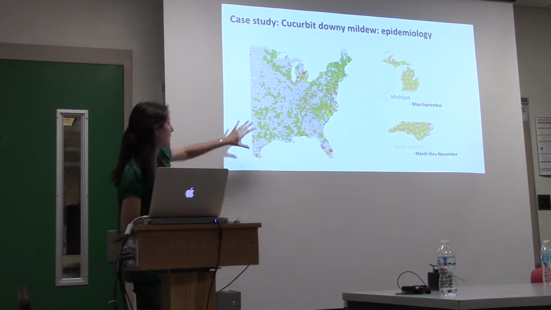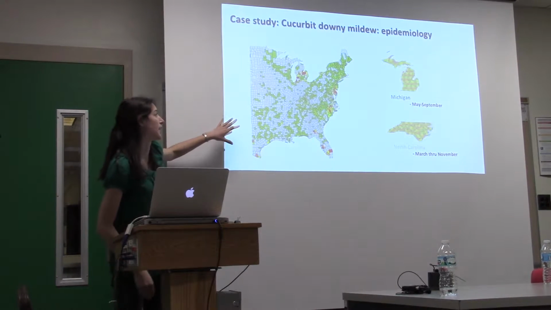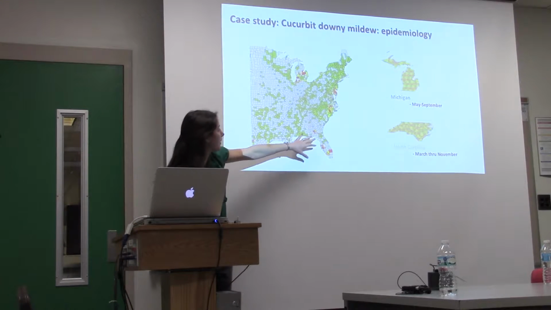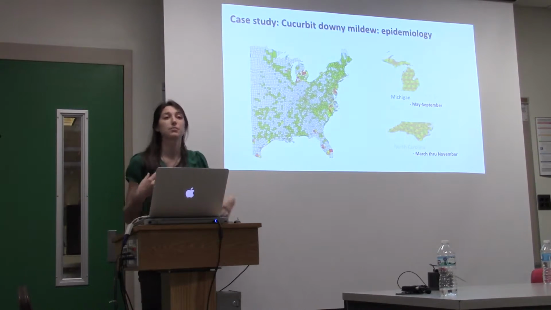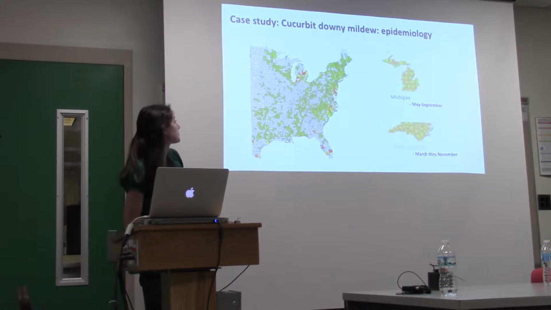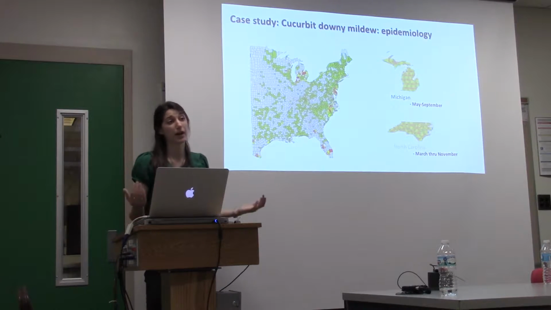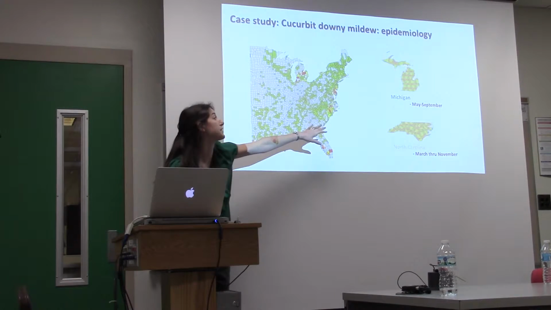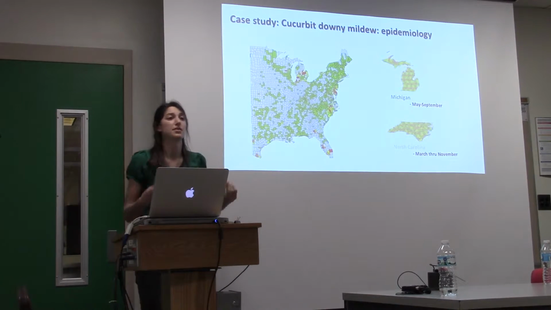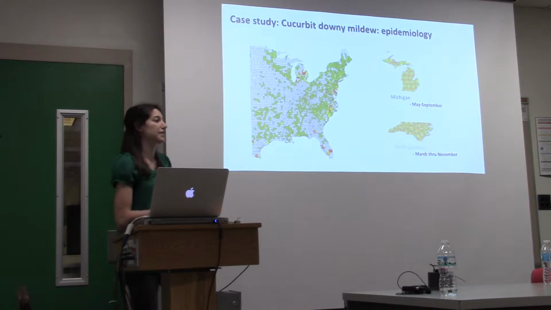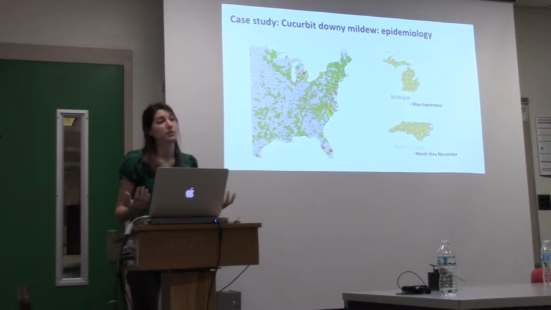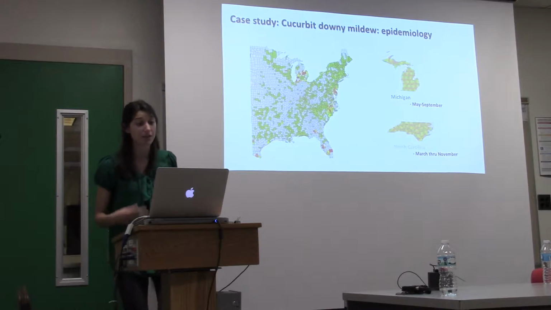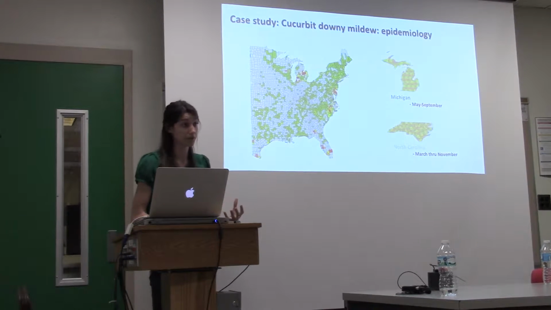As you can see in this map, the spread of downy mildew starts down here in the south during the winter, where they propagate cucumber, and then it spreads throughout the summer, probably through moving transplants, shipping up to the northern region where we'll see it in May through September. So this is a very broad spread and impacts the whole nation and other areas where they produce cucumber. So this is the pathosystem that we started with.